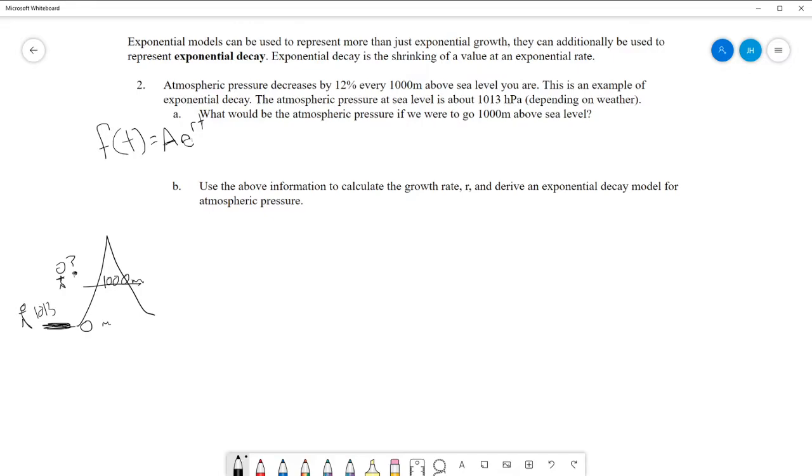Well, if it's decreasing by 12%, that means that we're going to need to multiply our starting value by 12% less than 100, right? Essentially, if I multiply this by 100%, which is 1.00, I would get 1013.